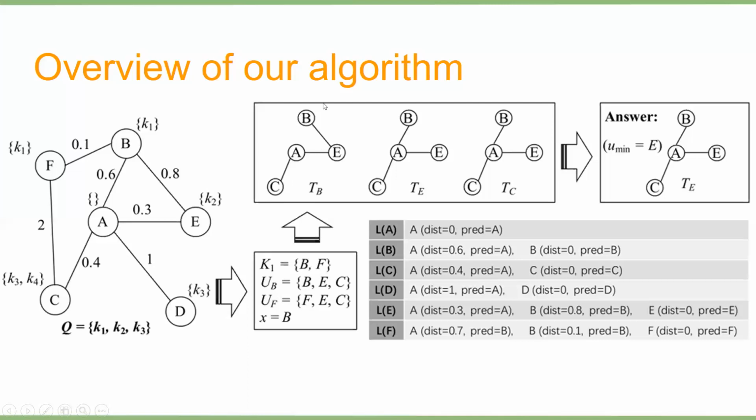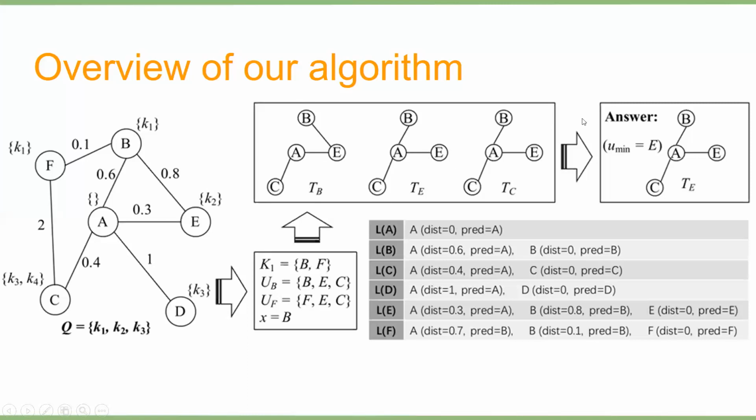Then we have the temporal answer tree BE, and add the shortest path between C and the answer tree, CAE. Then secondly we choose E, and the shortest path is EAC, then we choose AB. The third is to choose C, and the shortest paths are CAE and AB.